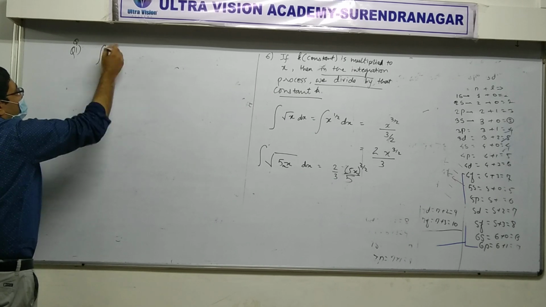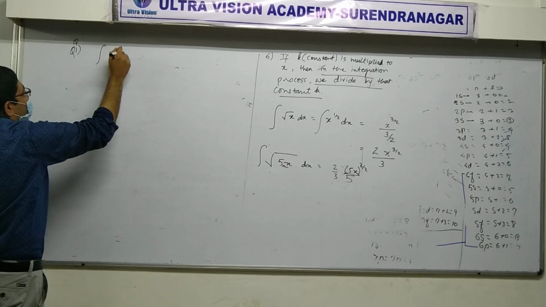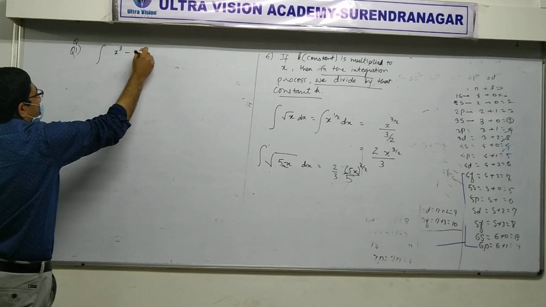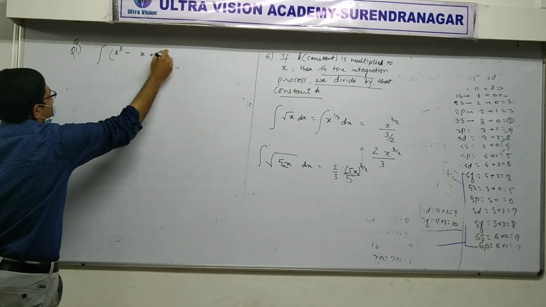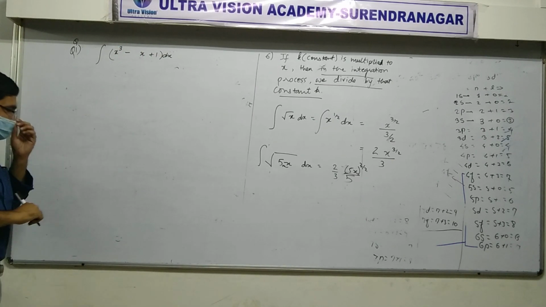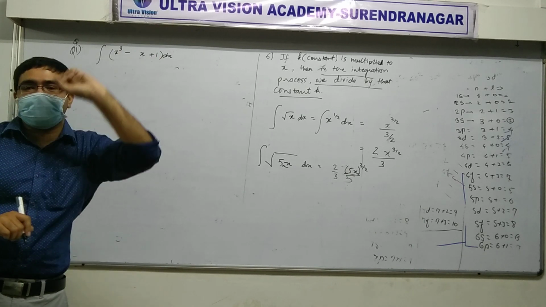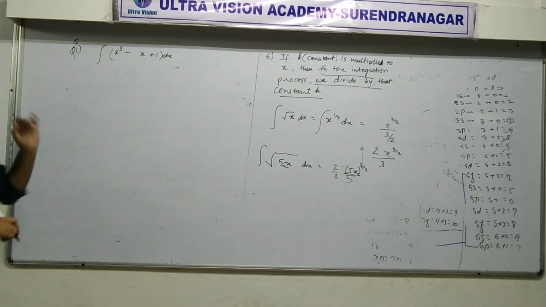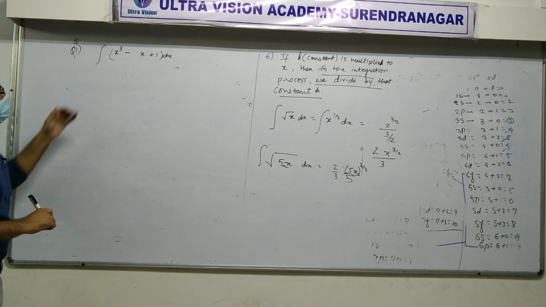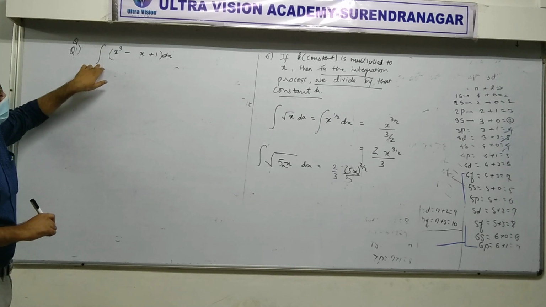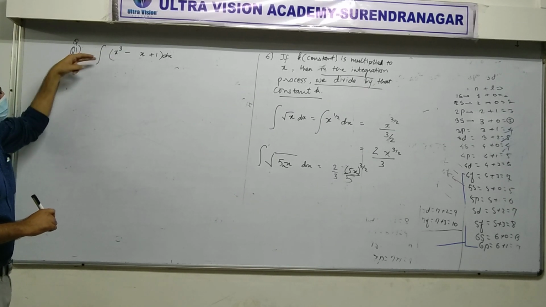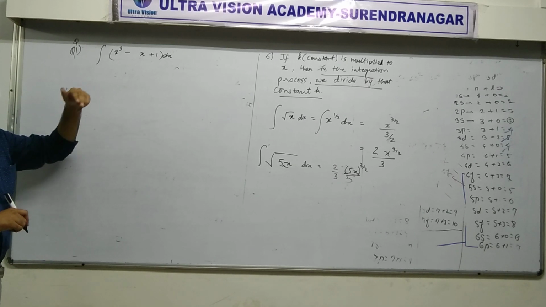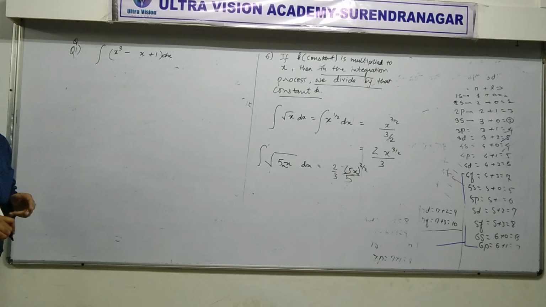Suppose someone asks you to do integration of x cubed minus x plus 1. A very key thing here is to write it properly. What I have seen students do is, even after having done integration, they keep writing the integration sign and end up doing it 2 or 3 times.